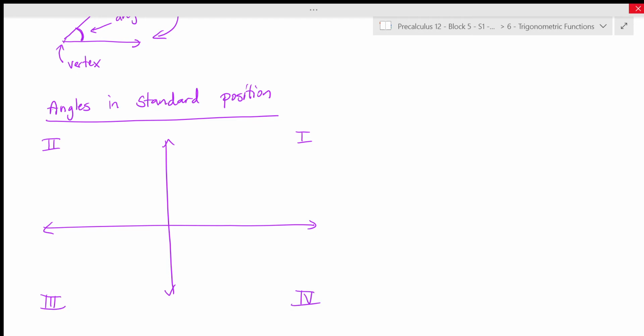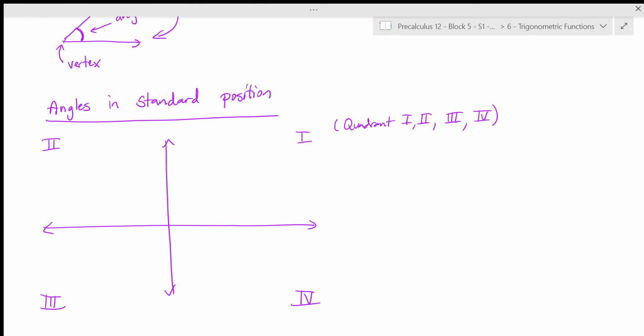We call these quadrants. You can also name them using numbers. I probably won't deduct marks if you don't use the Roman numerals. But the quadrants go around in a circle counterclockwise.